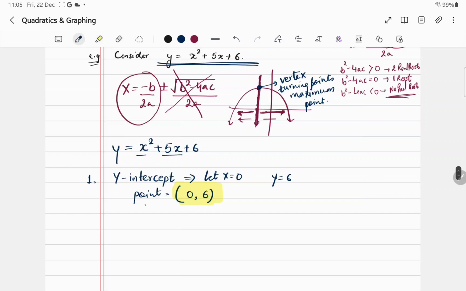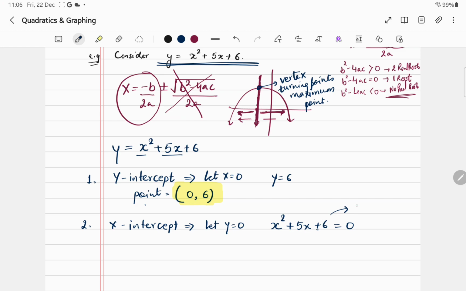The second step is the x-intercept. For this, we let y be equal to 0. So our equation is x squared plus 5x plus 6 is equal to 0, because y is 0. To factorize, we have to find factors of 6 that add to give 5.